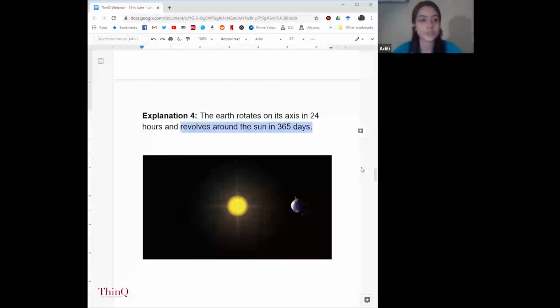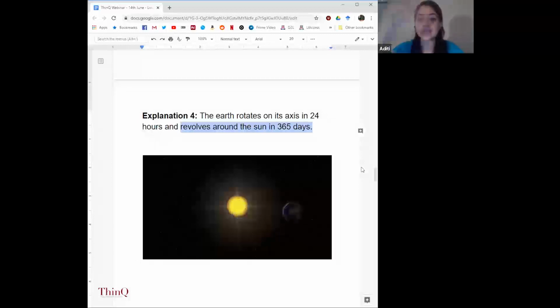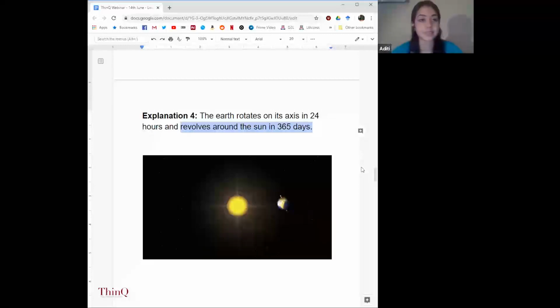We said that we're assuming that the Earth and the sun are spherical objects, and that it is the presence of the sun that results in daytime and the absence of the sun that results in nighttime. And using that, we've come up with multiple different combinations of the Earth and the sun, as in both their positions relative to each other, and how they might all explain the same phenomenon.